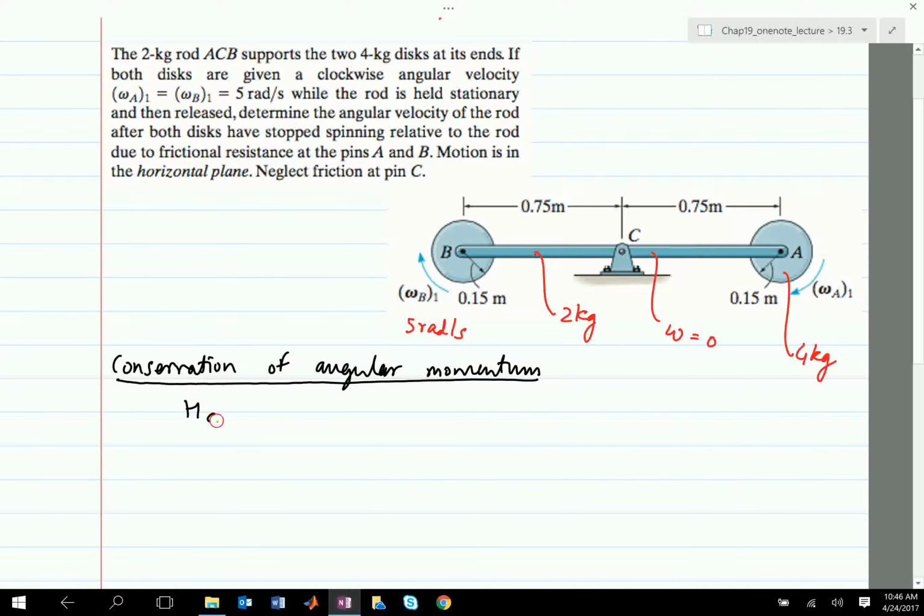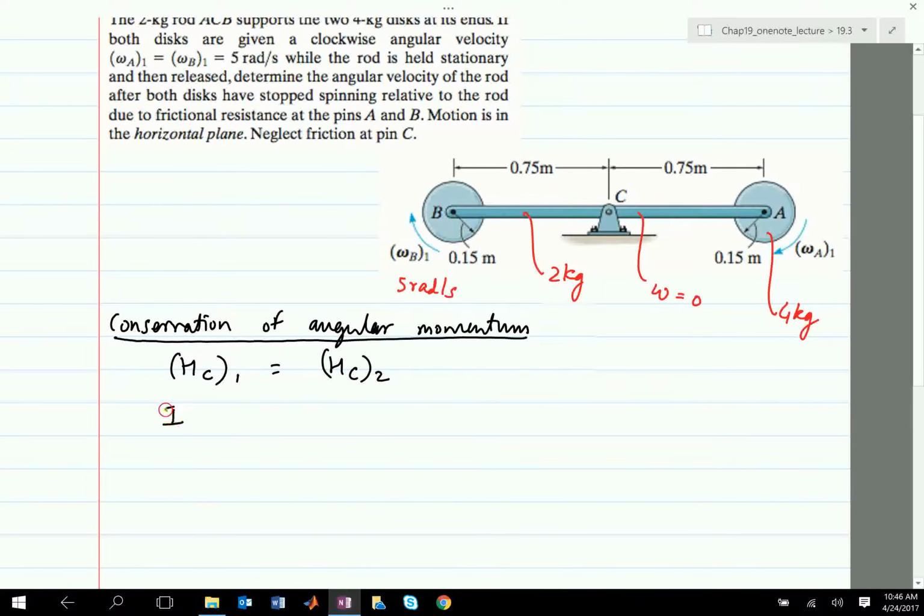So H about C1 is equal to H about C2. Okay, initial moment of inertia times omega 1 is the final, new inertia of the complete system times omega 2. I'm going to put a summation here just because there are multiple masses. So let's find I1 omega 1.